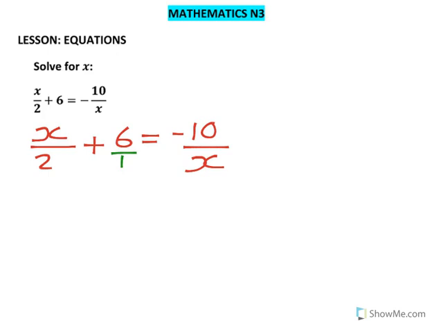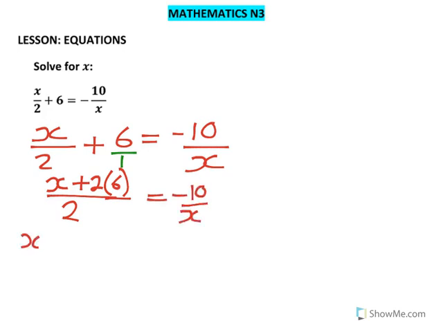The common denominator here is 2. 2 into 2 is 1. 1 times x, you are going to have x, plus 1 into 2 is 2, 2 times 6. So what you're going to have is x plus 12 over 2 is equal to minus 10 over x.